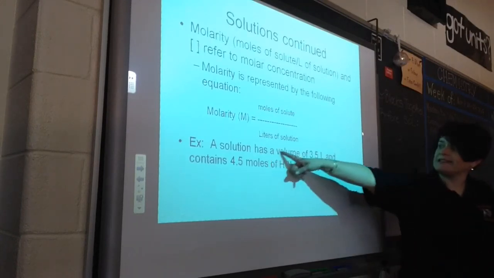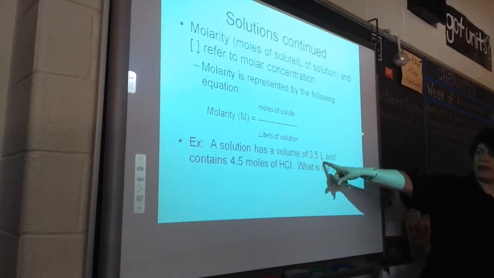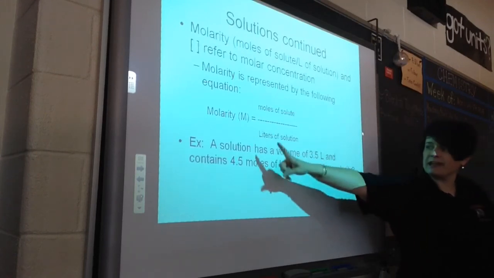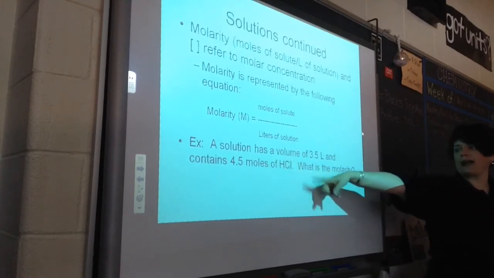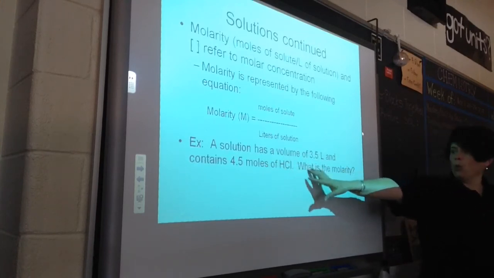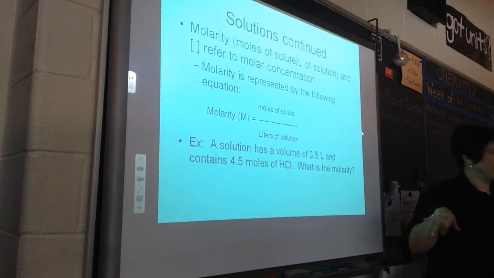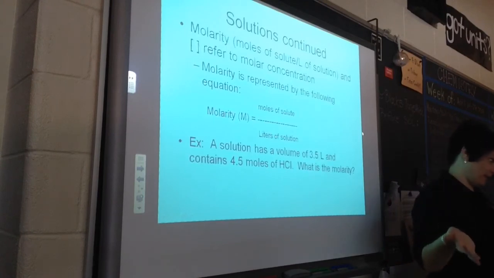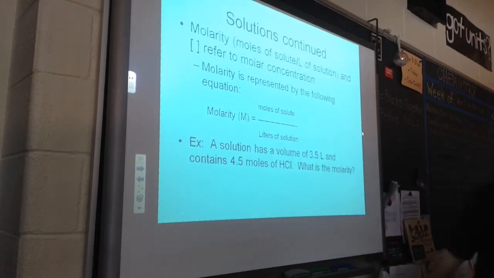A solution has a volume of 3.5 liters and contains 4.5 moles of hydrogen chloride. What is the molarity of the acid? Okay? What is the math? How do we set this up? What do we do? 4.5 divided by 3.5.